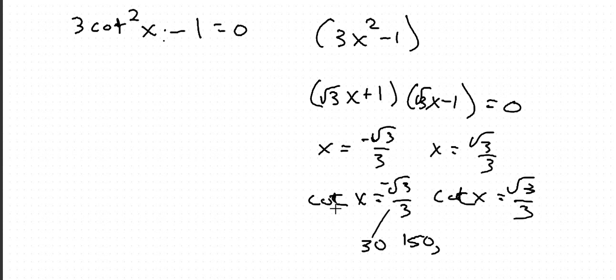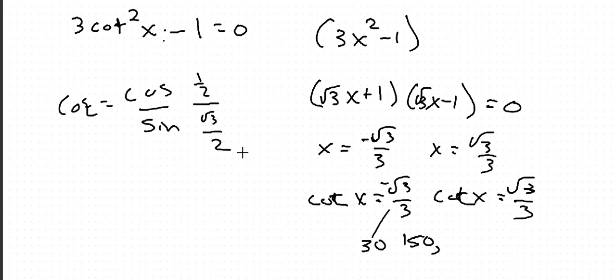Cotangent and cosine are negative in the same place, right? Mm-hmm. Because cotangent is equal to cosine over sine. So it would be 1/2 over root 3 over 2, right?